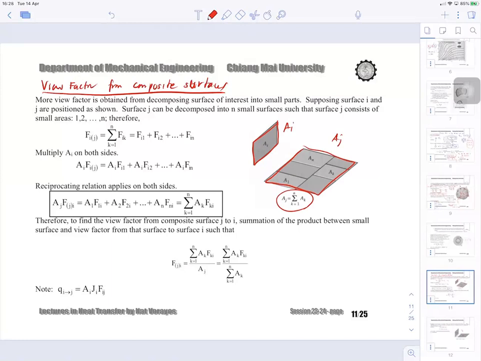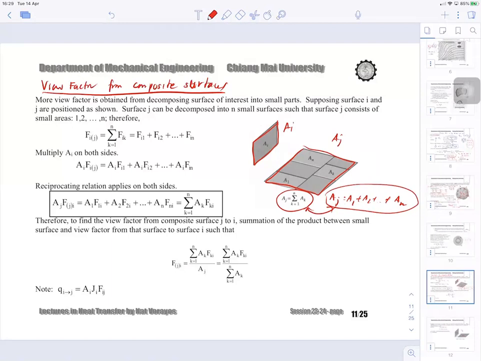Okay, surface j equals surface 1 plus surface 2 up to surface N. So if you represent this, you can represent it as the summation. You can write it down like that.